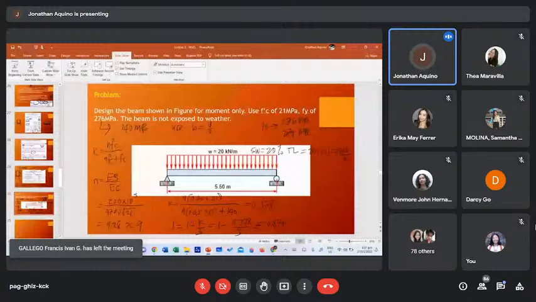So from the formula, for design, bd squared is equal to 2M over fc k j. So bd squared is equal to 2M divided by fc k j.